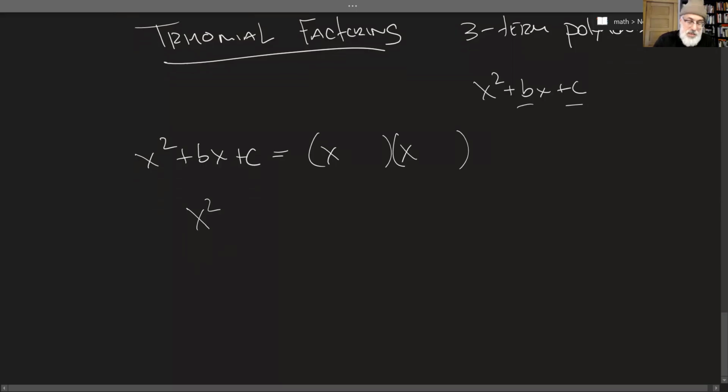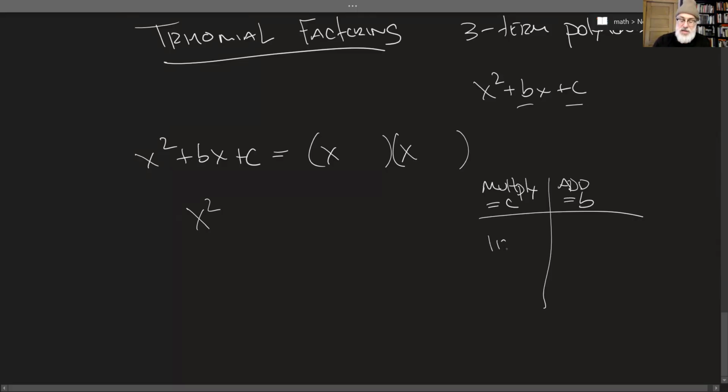So the technique here is we have a little handy table. And the way we do this is we want to multiply two terms that will equal our c term, that when we add them, equal our middle term or b term.